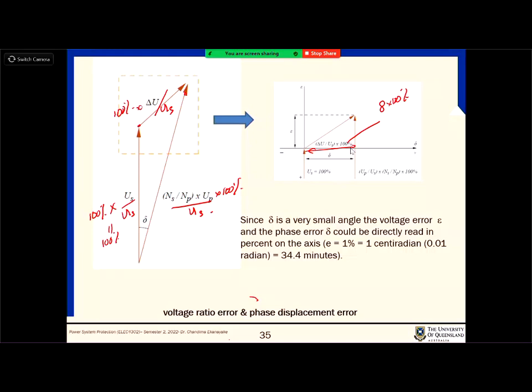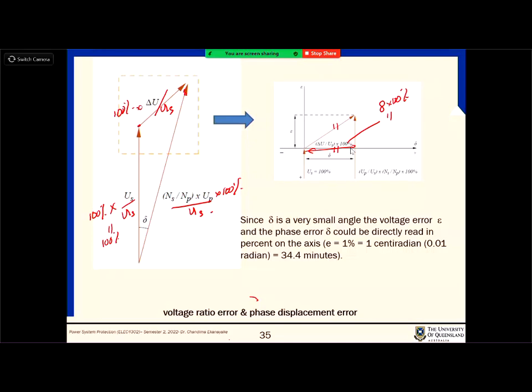Delta is my error, and this is also equal to, because this distance and this distance are quite similar, because when your radius is large, the difference between these two vectors becomes smaller.